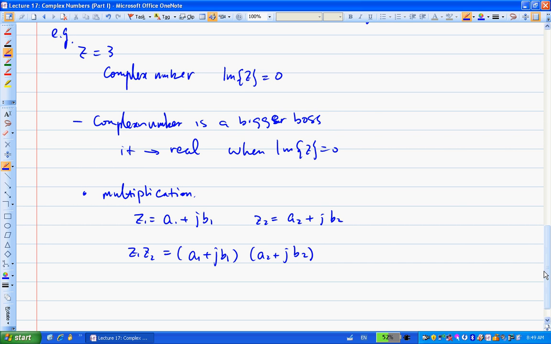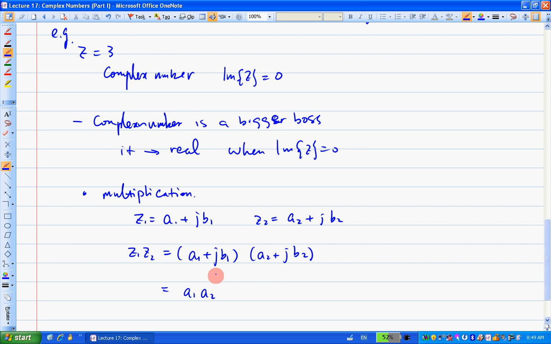Now remember I said when you do manipulations, you treat this j, or i, whatever you write there, as a quantity. So when you do multiplication, we treat it as a quantity.